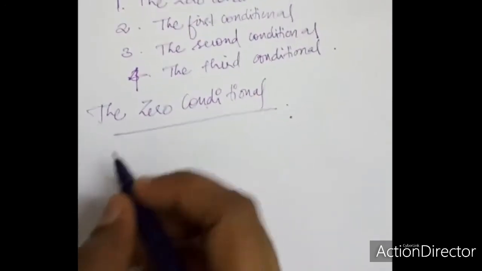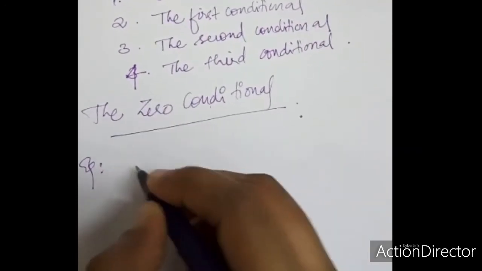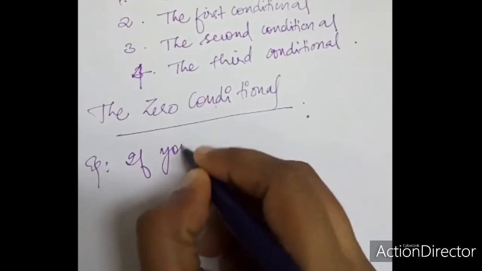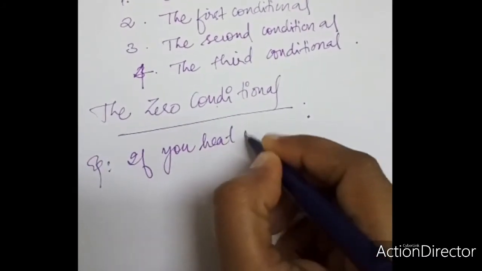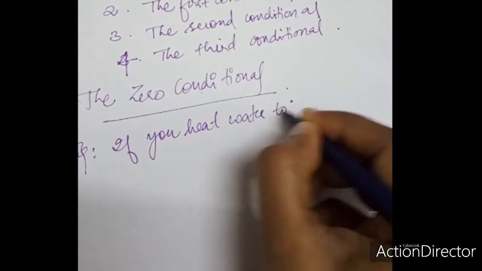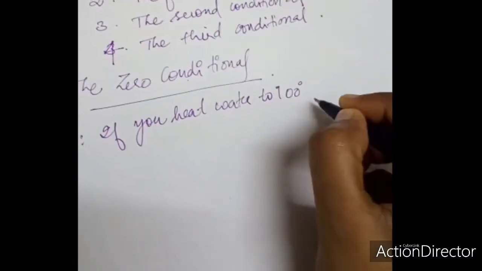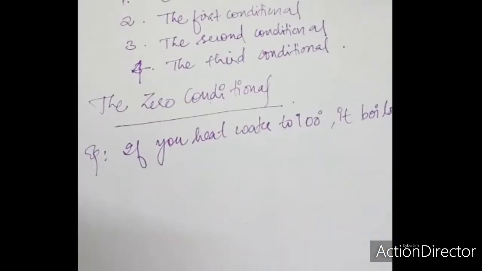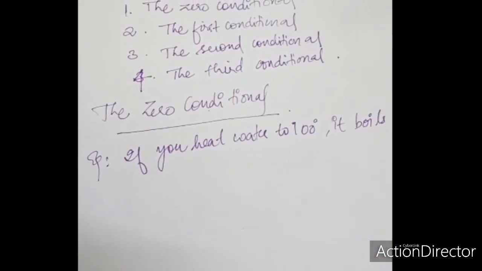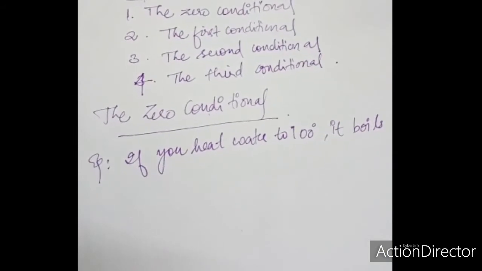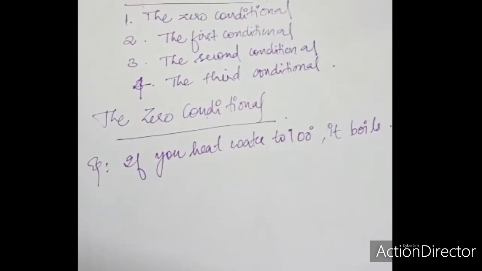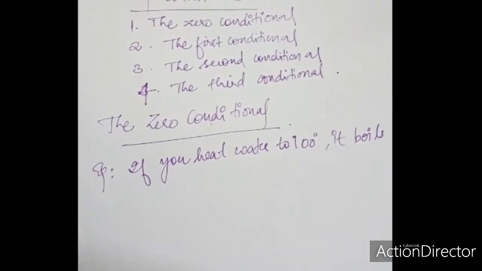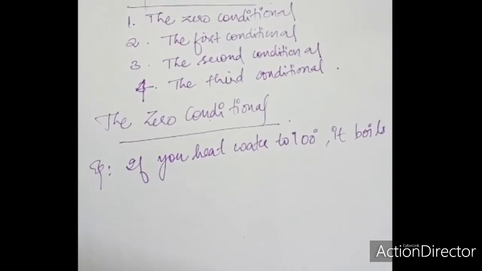For example, if you heat water to 100 degrees, it boils. So this is a fact, it's a scientific fact, right? If you heat water to 100 degrees, it boils. So that is a zero conditional. We know for sure, or we know it's a permanent truth.